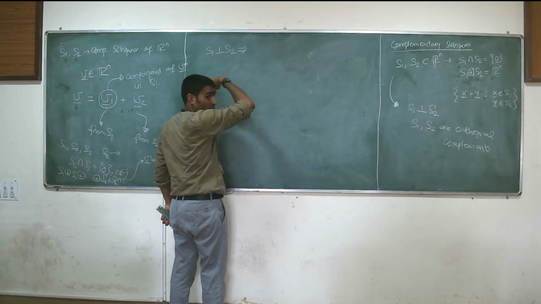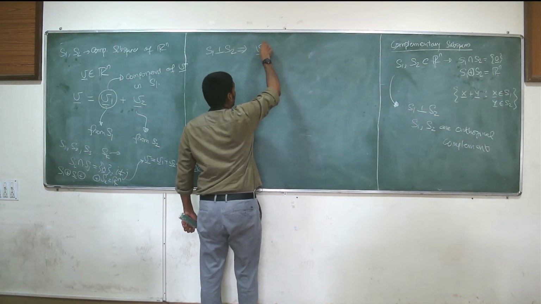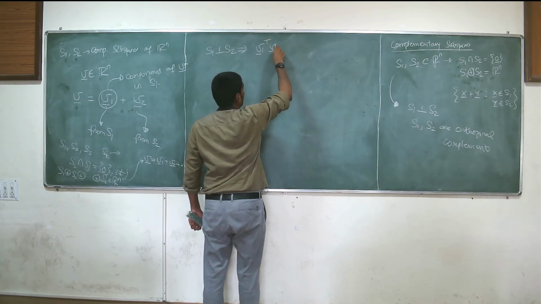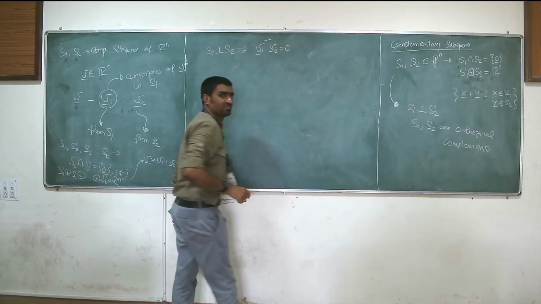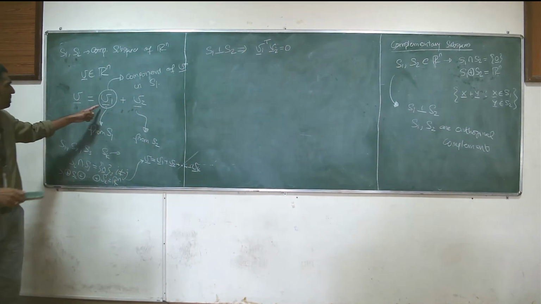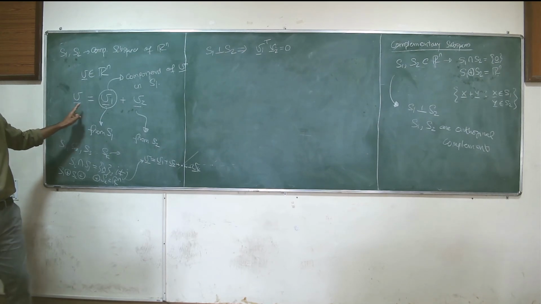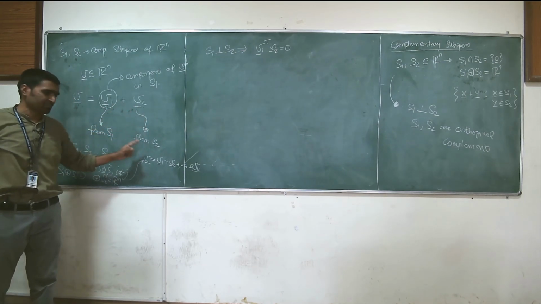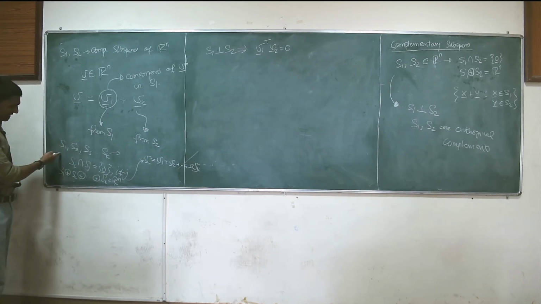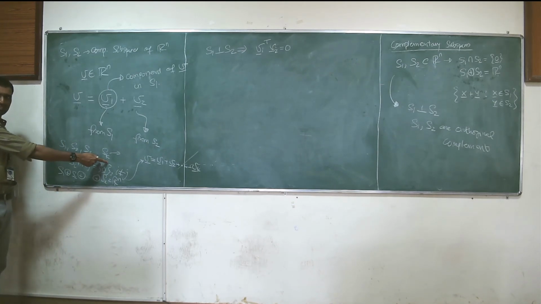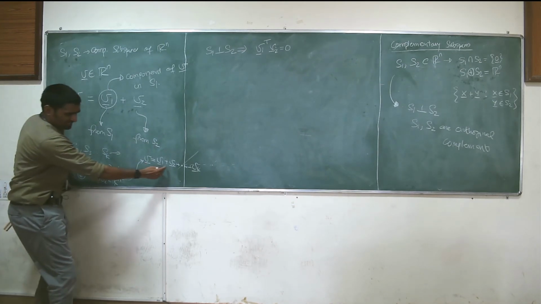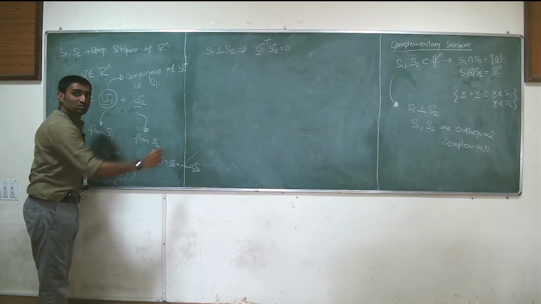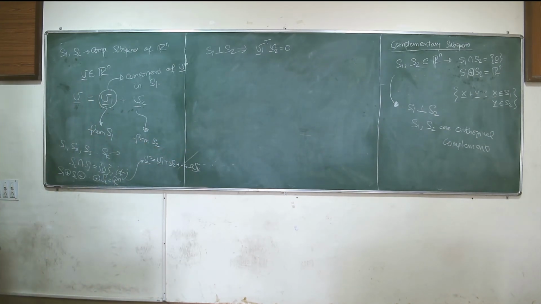If S1 and S2 are orthogonal complements, then v1 transpose v2 is 0. That's all. That means the component of v in the subspace S1 will be perpendicular to the component of v in the subspace S2. And in fact, if these are orthogonal complements, each of these vi's will be orthogonal to the other one. Okay? All right.